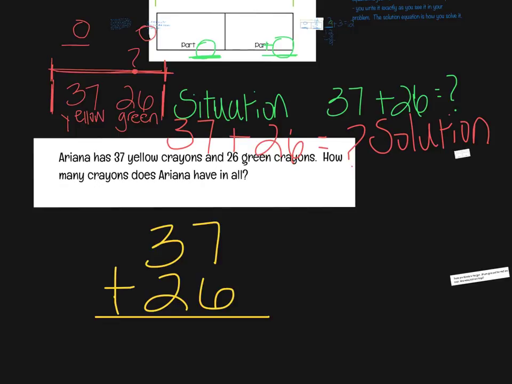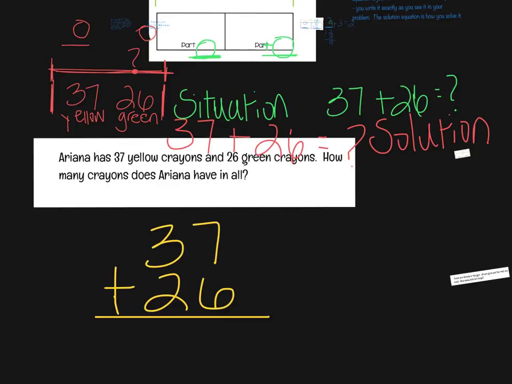So let's do this together. Where do we start when we're adding? Absolutely right, the ones place. What is 7 plus 6? Yes, good, 13. But am I going to write the number 13 down here? No, you're absolutely right. I can't do that. I can't put 13 there. How am I going to do this?